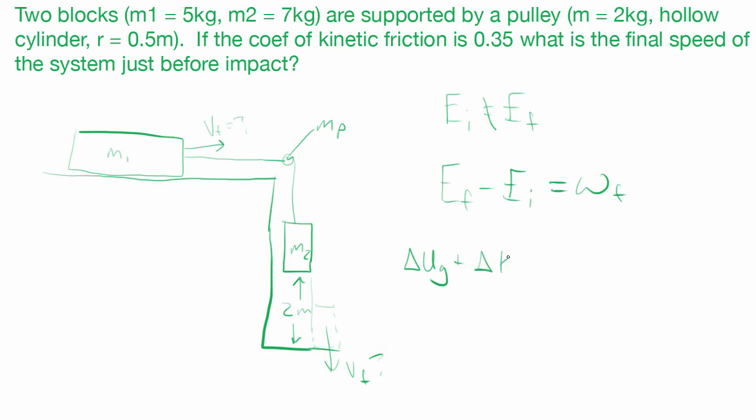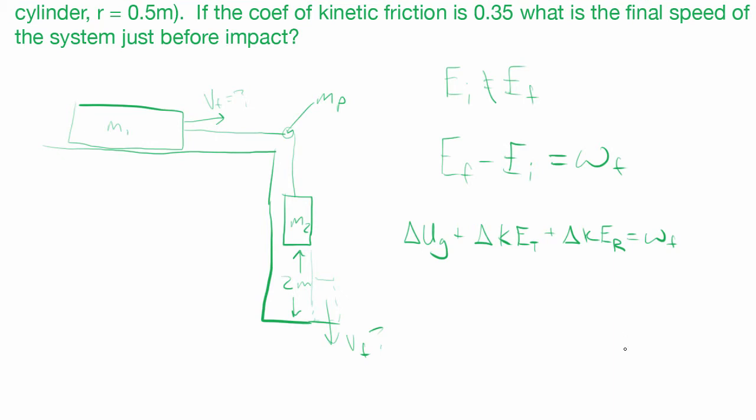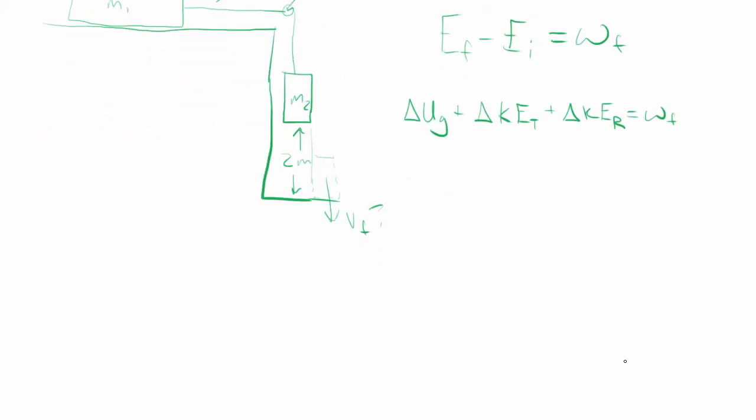If I add that to the change in translational kinetic energy, and I add that to the change in rotational kinetic energy, that will be equal to the work done by friction. So this is the equation that I'm really solving. And all I have to do is plug in all the terms that I don't know. I've written these all as deltas, so that means I'm taking finals, subtracting them from initials. So let's just go through it.